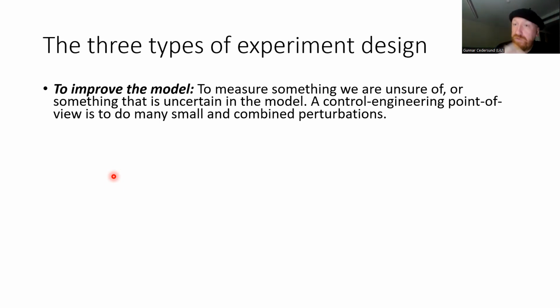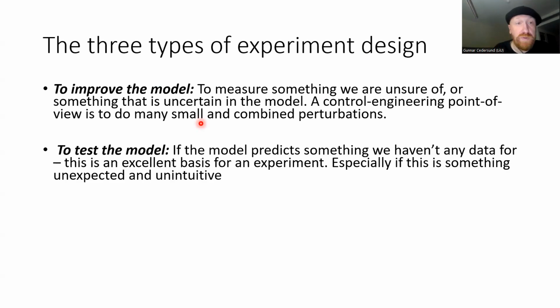Something you don't know, something the model doesn't know, that's what you should measure. The control engineering point of view of doing that is to do many small and combined perturbations. This is a normal way to determine the parameters better. But you can also just find a prediction that has a high uncertainty and measure that. So that's if you want to determine the parameters better and determine the model better.